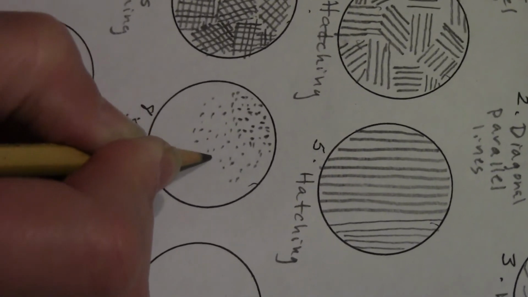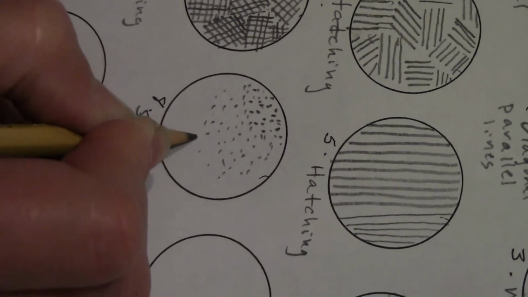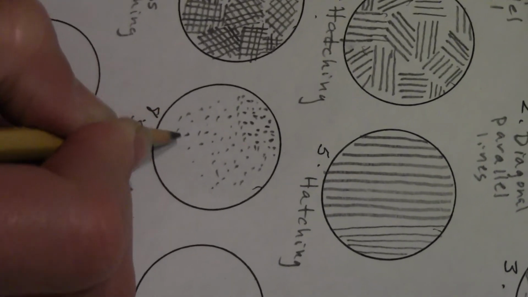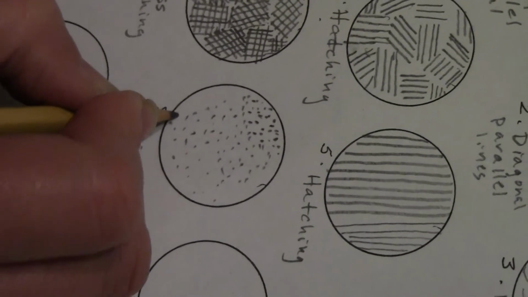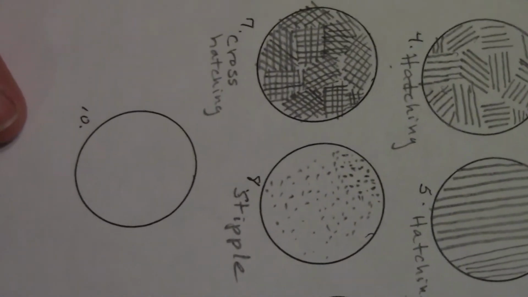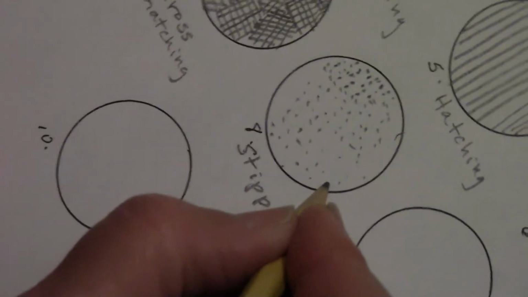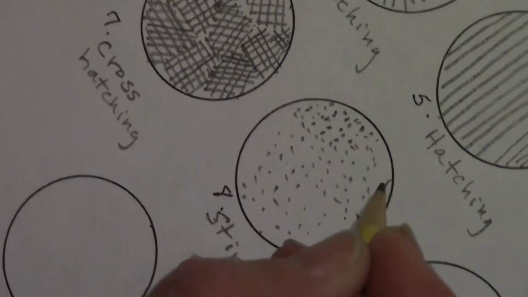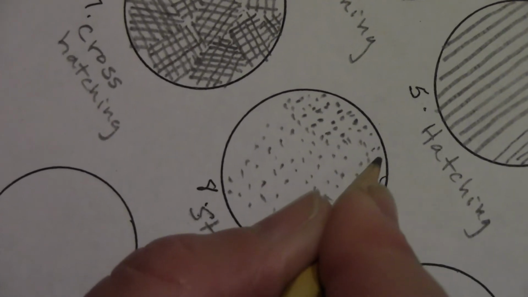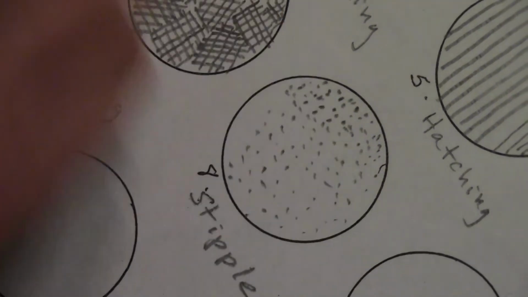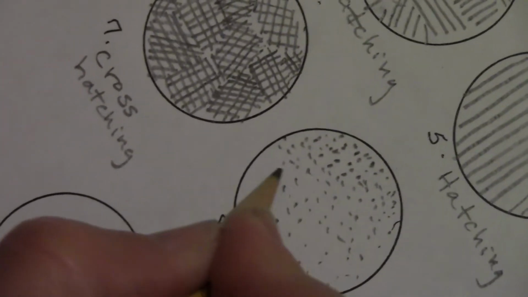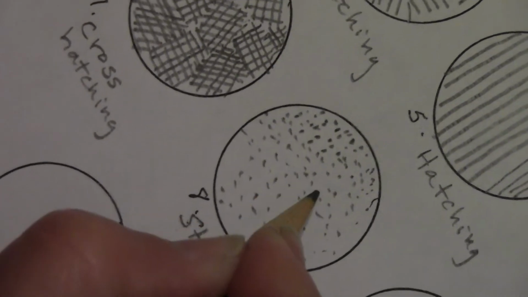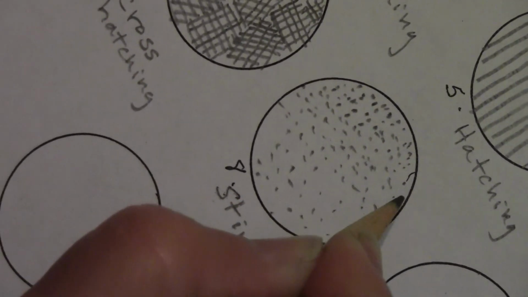I don't want you to draw a tree or a flower. So we're trying to show the pattern here, it's not an object. And then if I want my darker to be in this upper left corner, I'm going to put in more dots.